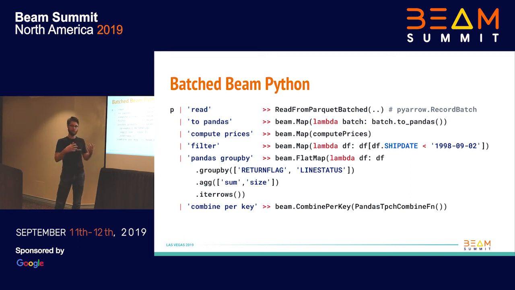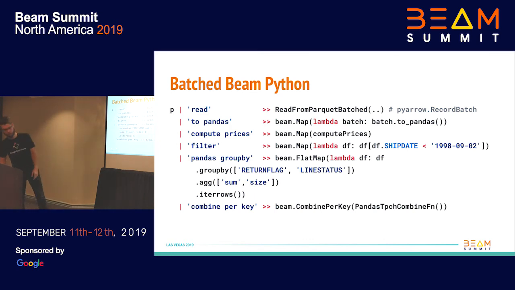Ideally I would be doing some Arrow-native computation rather than converting it to pandas, but for prototyping this was the easiest thing to do, and it's a relatively inexpensive operation. So convert it to pandas, compute the computed columns, do a filter, and then this does all of the aggregations and combining. You'll notice it takes 2 steps, because I first have to aggregate the individual record batches, so that's the pandas group by, and then doing the actual Beam aggregation.